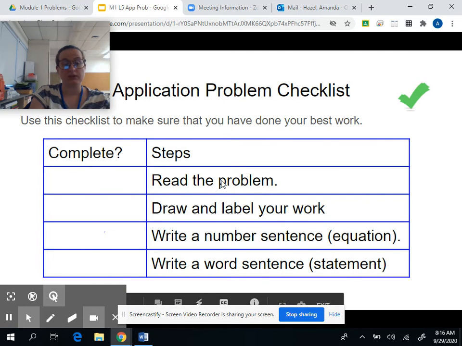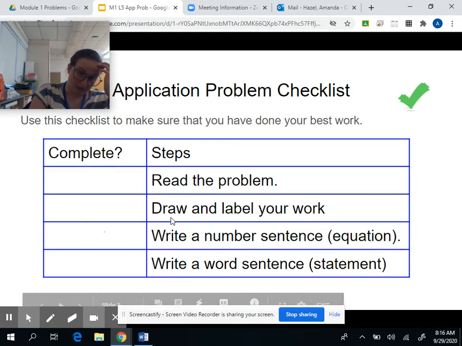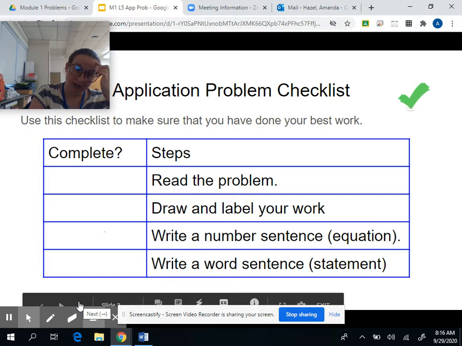First, we have to read the problem, obviously. Then you need to draw and label your work, okay? You need to show me, even if you did it in your brain, I need to see what you did. Then write a number sentence or an equation, and write a word sentence or a statement to answer the problem.